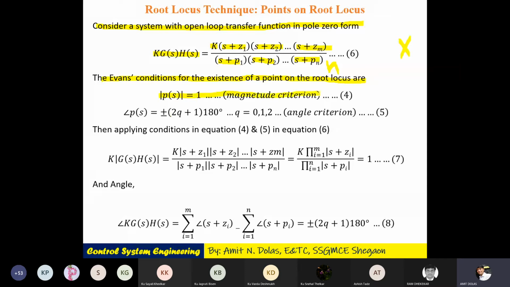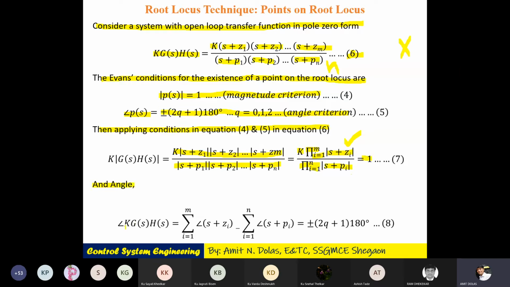Then what is the magnitude criterion? That we know: the magnitude of the characteristic equation should be equal to 1. The angle of the characteristic equation should satisfy the angle criterion. Then applying the conditions of equations 4 and 5 on the given equation, we rewrite it in magnitude form. So k into the product of i equals 1 to m of s plus zi, the product of all the zeros, divided by the product of all the poles, should be equal to 1.